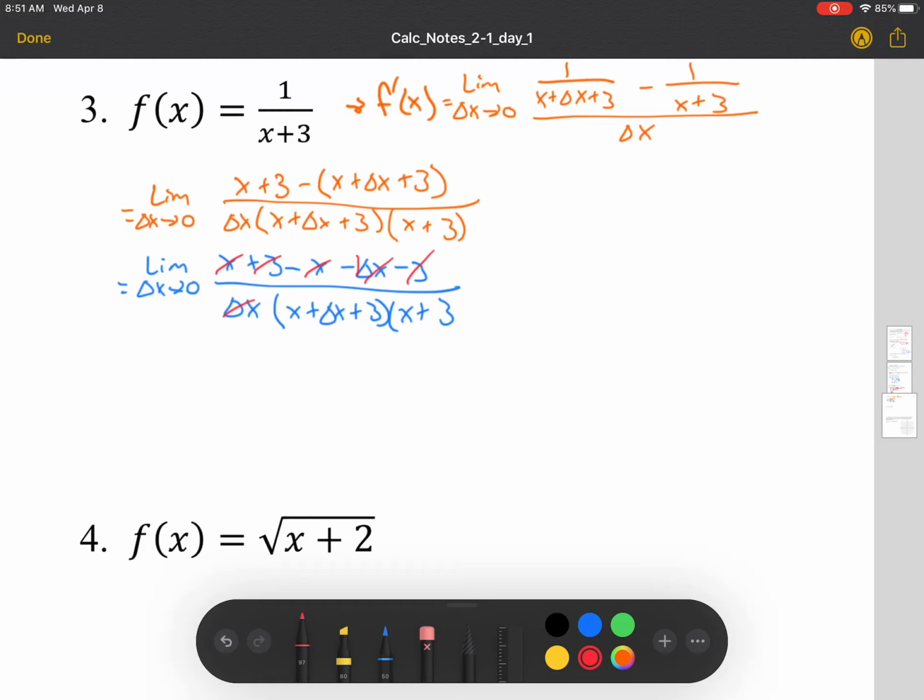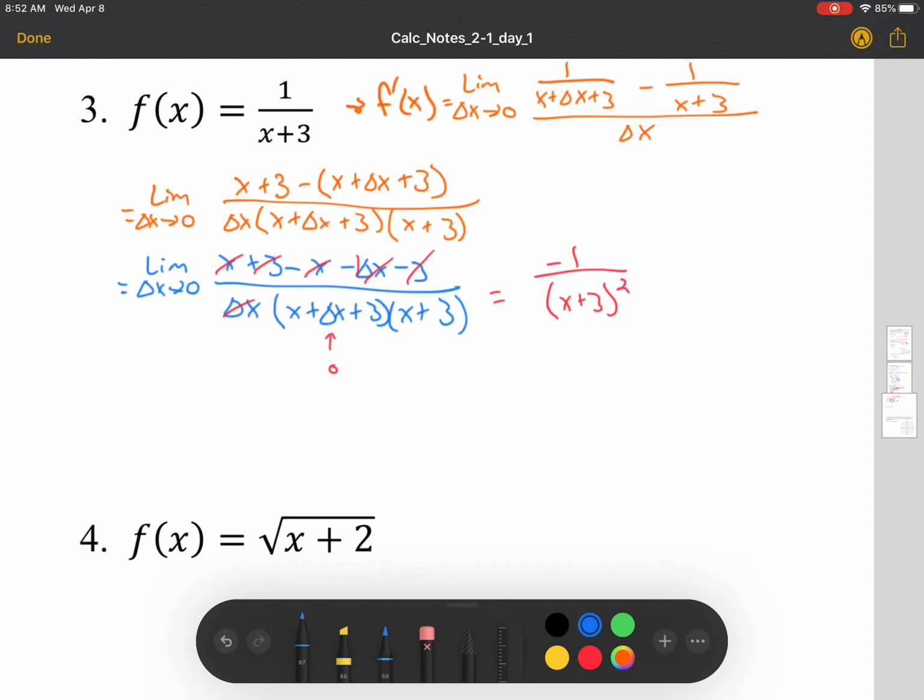So you get left with a -1 on top when you cancel those out. Then you're plugging 0 in for delta x to take the limit. You're going to be left with -1 over x plus 3 squared. I forgot my ending parenthesis right there.